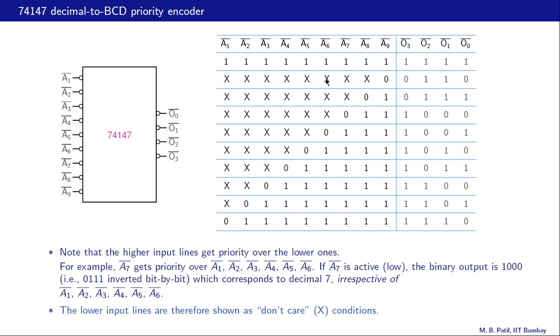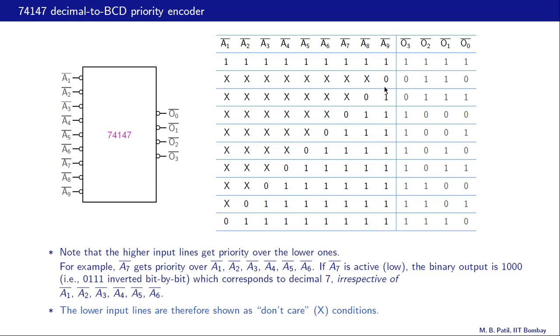Alright, let's come to the second row. In the second row, A9 bar is low, that means active, and there are these don't cares in all other columns. That means it doesn't really matter what these are, and A9 bar will be given a priority.